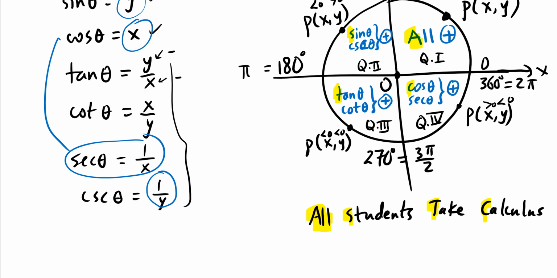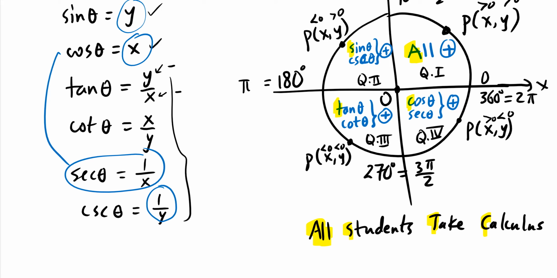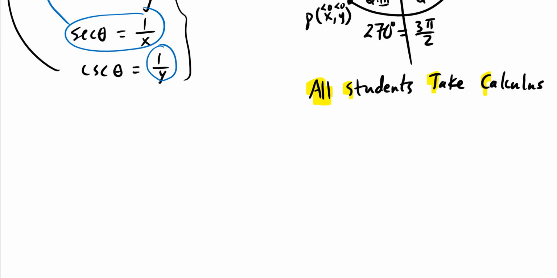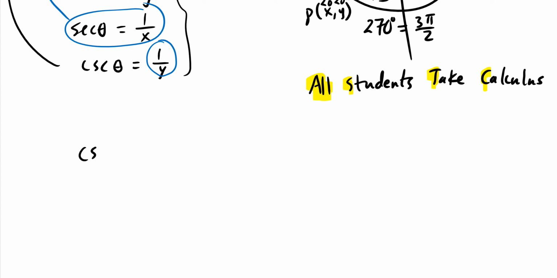Notice while we were doing the signs for the trig functions, I said that cosine and secant correspond to each other, and sine and cosecant correspond to each other. These pairs are reciprocals of each other. So that motivates us to say that cosecant theta is 1 over sine theta.